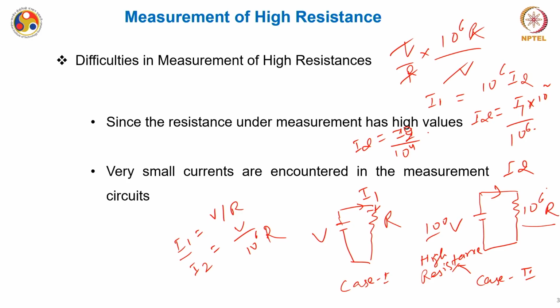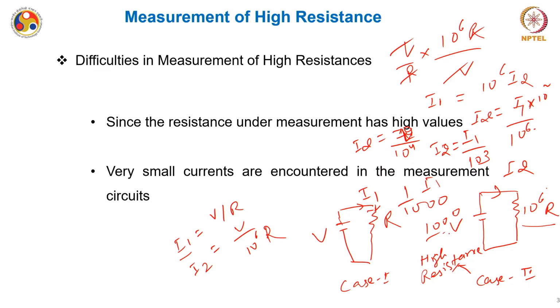Now, if I increase this voltage further, to say 1000 times, then I2 is I1 divided by 10 power 3, so 1 by 1000 times the current I1, which is also very, very small. So even though I have increased the potential.